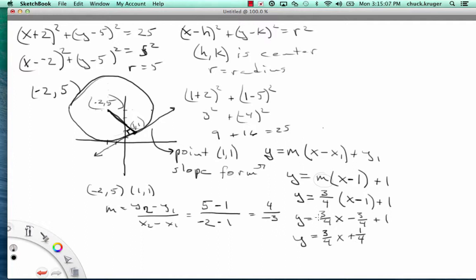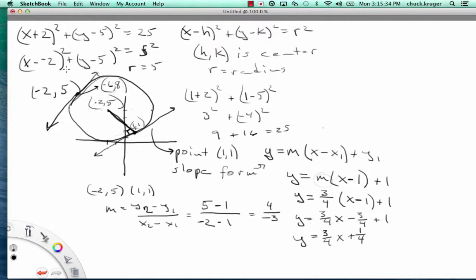I'm going to do that one more time because I think they give you 2 points, and the other point I chose is (−6, 8), which I'm thinking might be somewhere right here, and I am not 100% sure, based on this terrible drawing. So again, this point right here is (−6, 8).